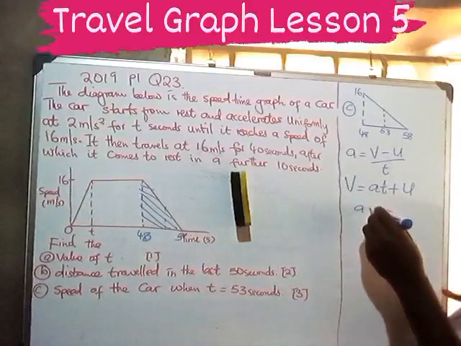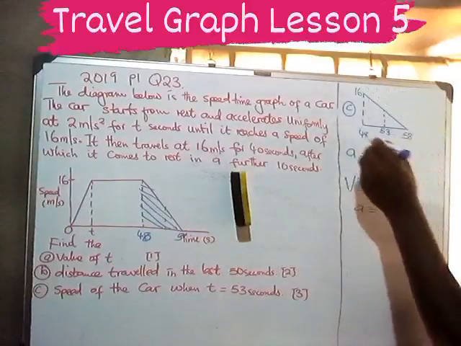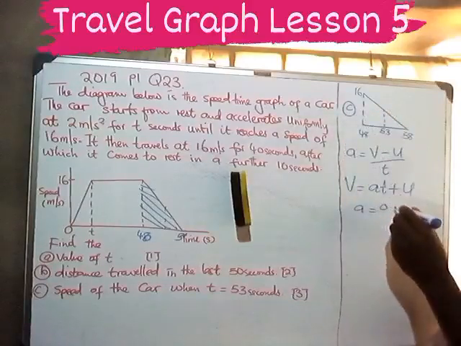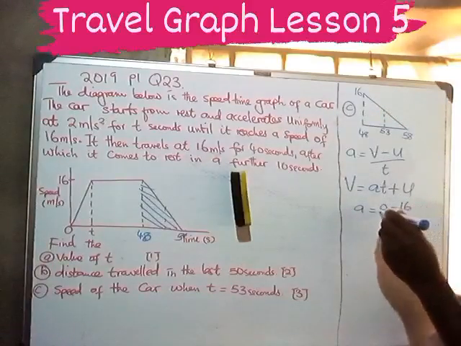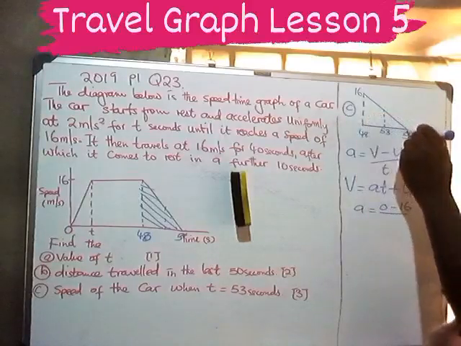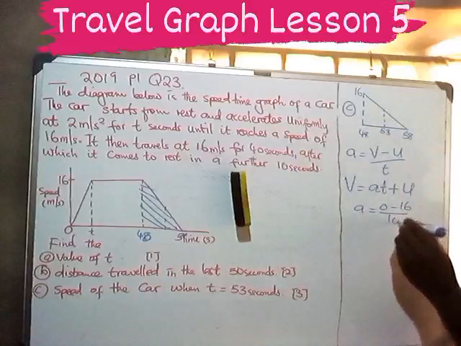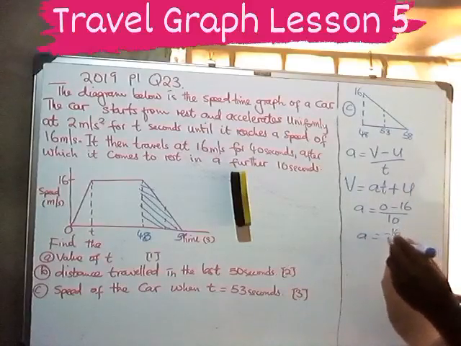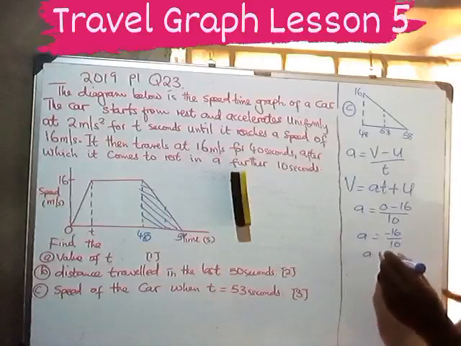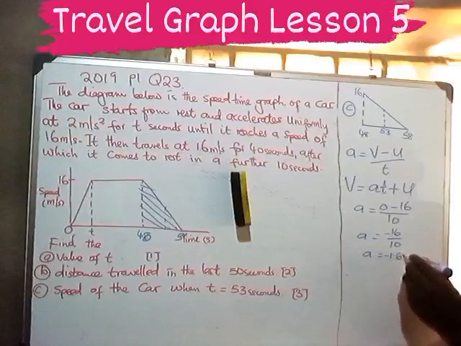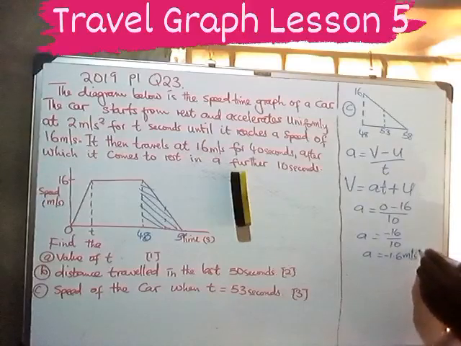So A is equal to our final velocity, which is 0 here, mind you, 0 minus 16 over the time taken, from here up to here, which is 10. So our acceleration will be negative 16 over 10, which is negative 1.6 meters per second squared.